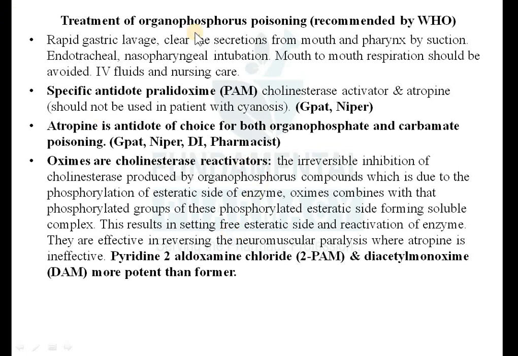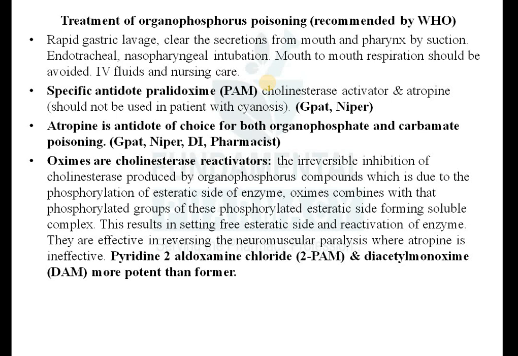But remember, pralidoxime is a specific antidote. If they ask which one of the following is a specific antidote for organophosphorus poisoning, you remember pralidoxime, 2-PAM, but sometimes to confuse you they don't give pralidoxime in the options, they will give you diacetyl monoxime. So diacetyl monoxime is also a cholinesterase activator.